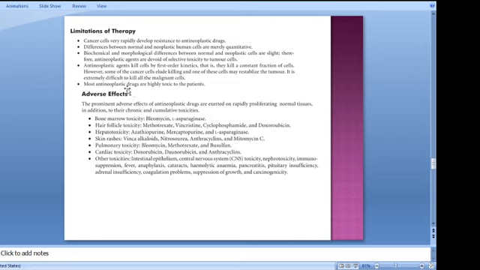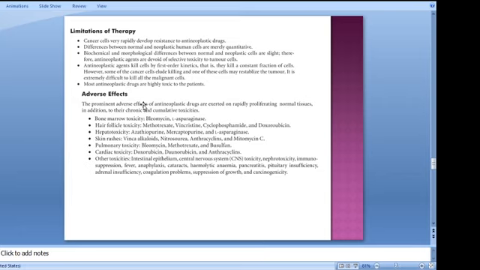It is extremely difficult to kill all the malignant cells. Most anticancer drugs are highly toxic to patients. So these are all the limitations of anticancer drugs. That's why very few anticancer drugs are available. Even if you are treating with chemotherapy, around 90-95 percent of people will die also, right?